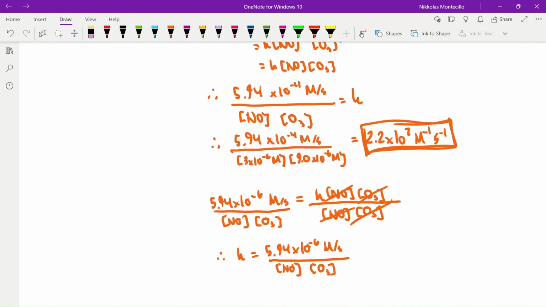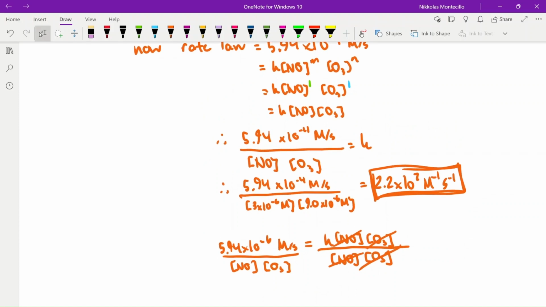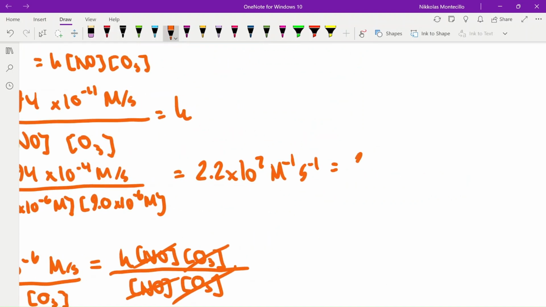Okay? Because we have to consider units as well. It's very important that you express units correctly. Make sure that you express your units at the end. Just to clarify, this is what I mean: 2.2 times 10 to the power of 7 liters per mole per second.